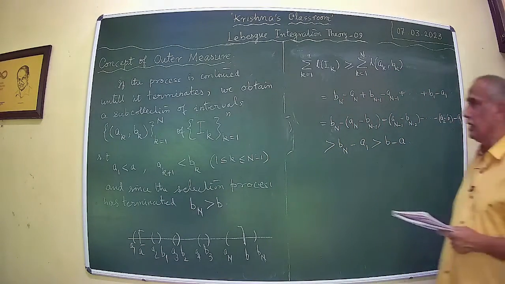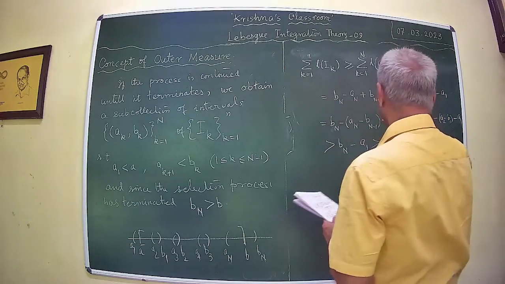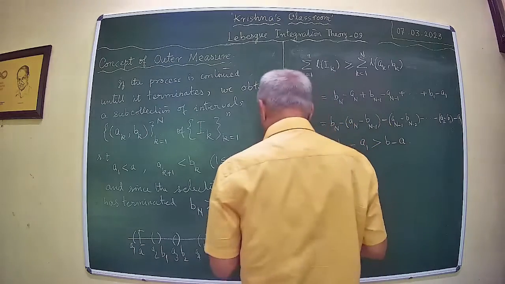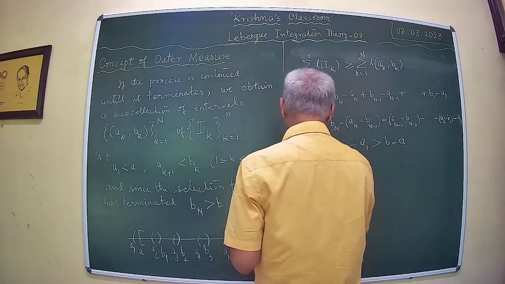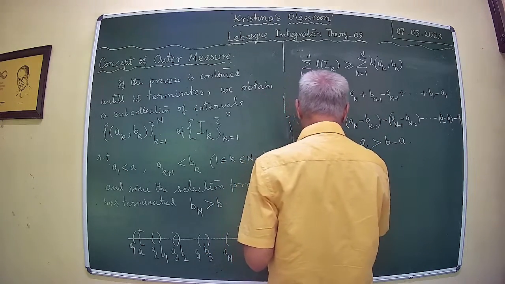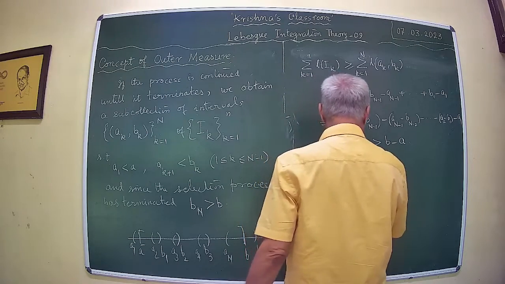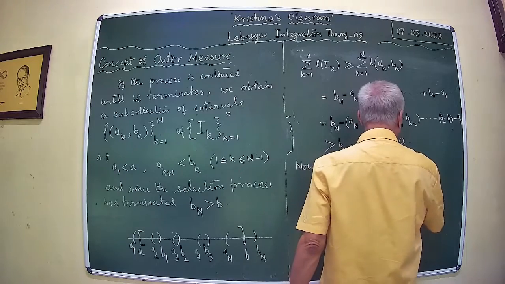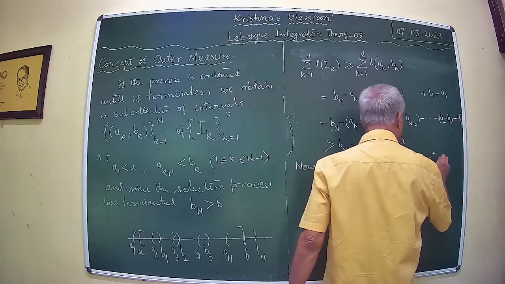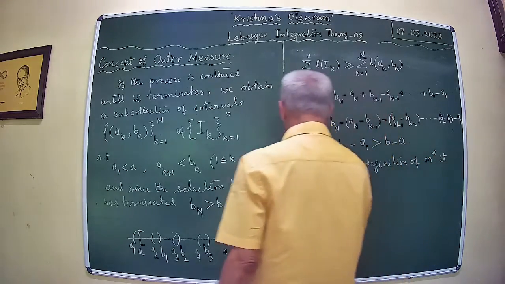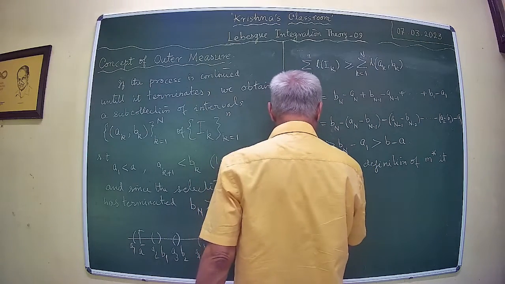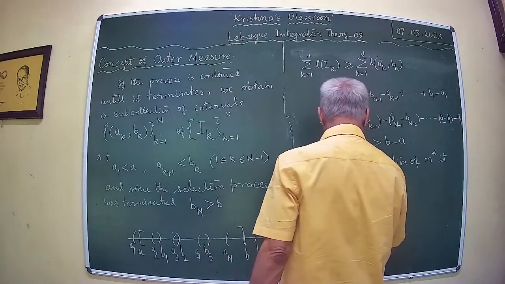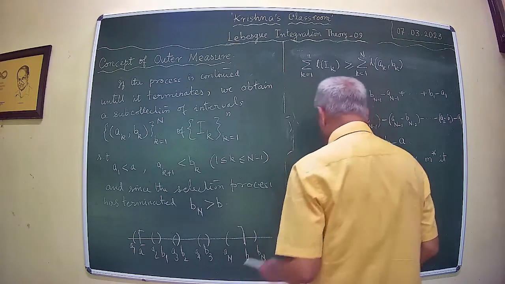Therefore, we get this inequality that this is greater than B minus A, and now from the definition of m star.